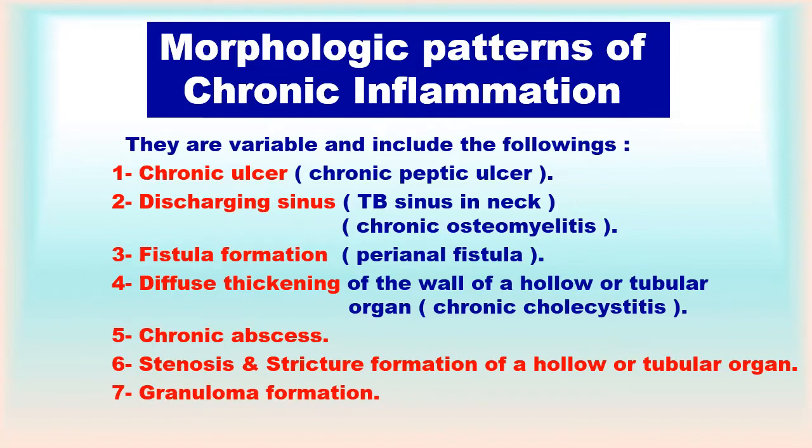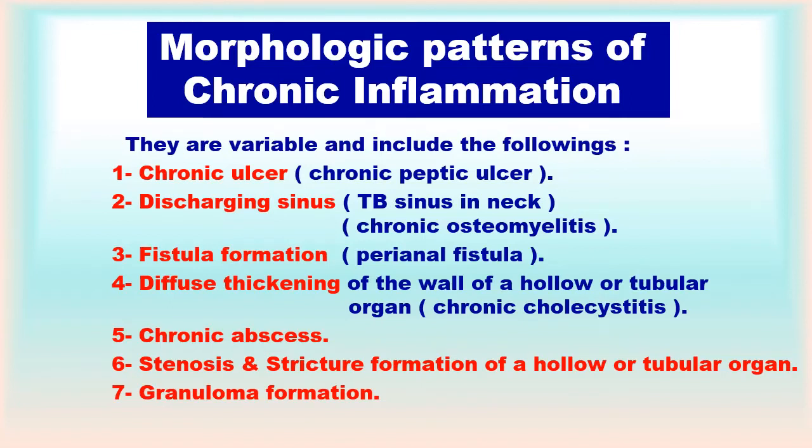Sometimes chronic inflammation has mixed acute and chronic inflammatory cell infiltration, means mixtures of neutrophils, lymphocytes, macrophages, and plasma cells. Such inflammation is called acute on chronic inflammation, as in osteomyelitis.